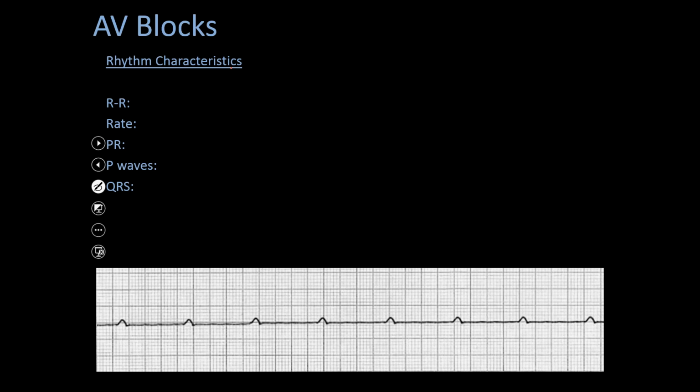And here's a strip that represents ventricular standstill. So R to R's, there are none, NA. The rate looks like about 4 large boxes, so the atrial rate is 75 beats per minute.